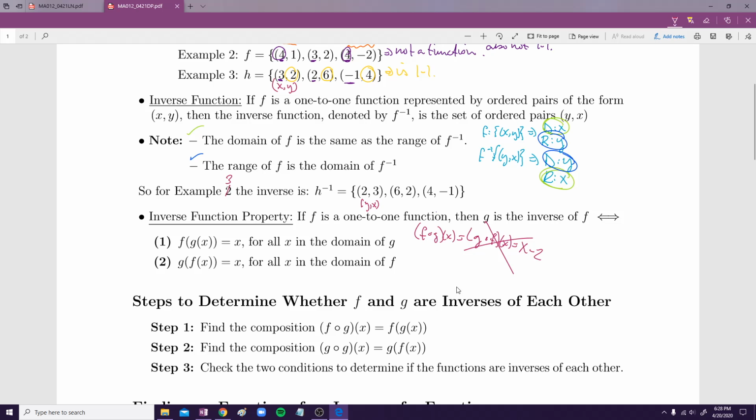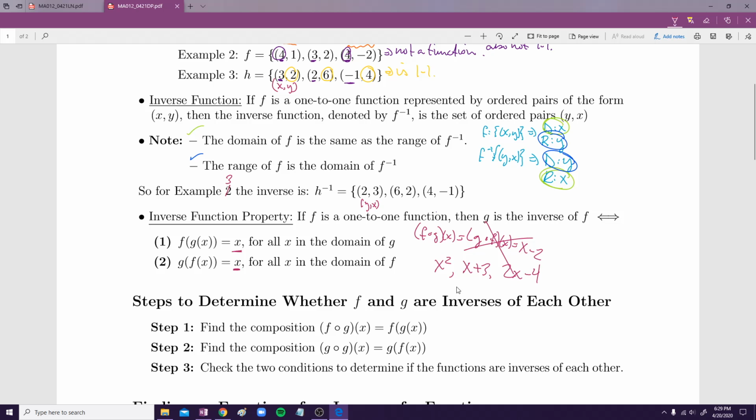They are not inverses of each other. They have to equal x. So even if they equal each other, if they both equaled x squared, or x plus 3, or 2x minus 4, whatever combination that is not x, they are not inverses. They have to equal x, right?